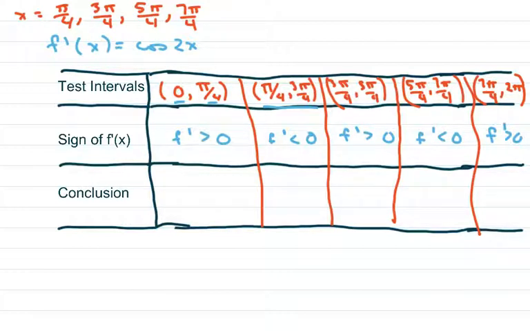You also could probably graph this and see where it's increasing. You already know what cosine looks like. We know we have two waves between 0 and 2 pi, one wave between 0 and pi, and we know we start here. So we have something like this.